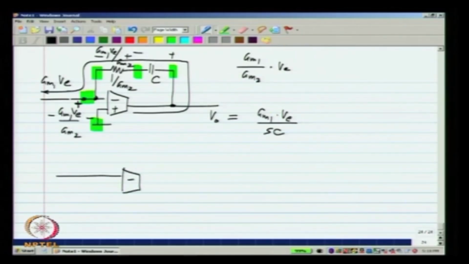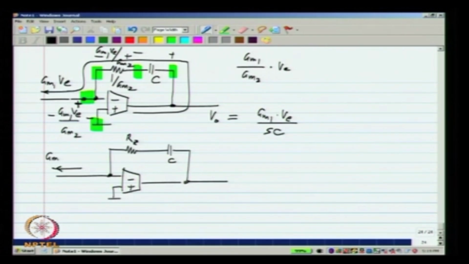So, let us assume again the same circuit, and I will call this RZ. Okay. The voltage at the input of the transconductor is Gm1 VE by Gm2.